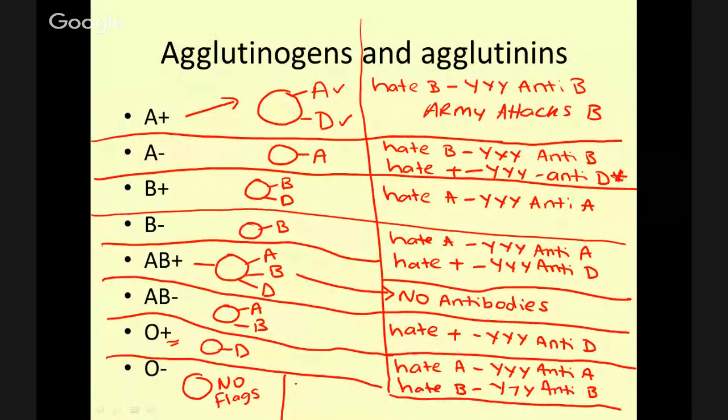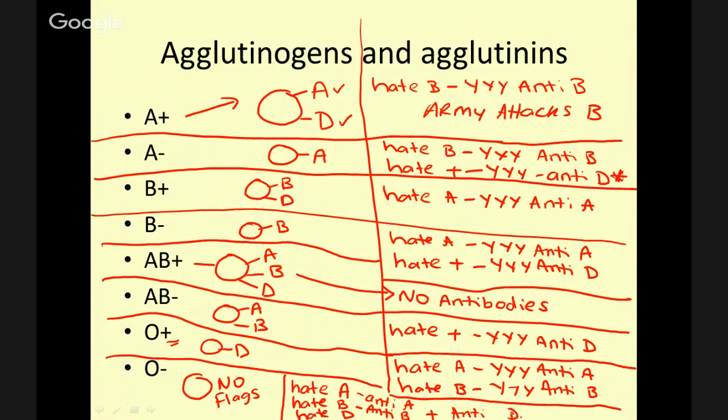Now, the problem with being O negative is that you have an army of antibodies that hate A, you have an army of antibodies that hate B, and you have an army of antibodies that hate the D, the positive. So you're going to have anti-A antibodies, anti-B, really running out of space, and anti-D, right?